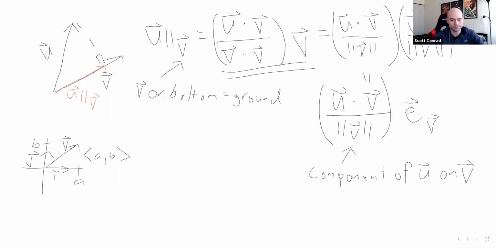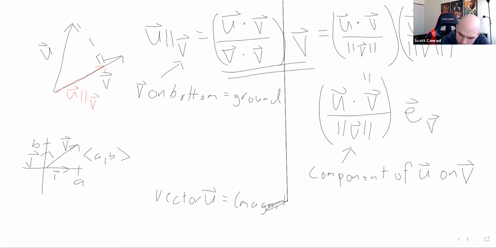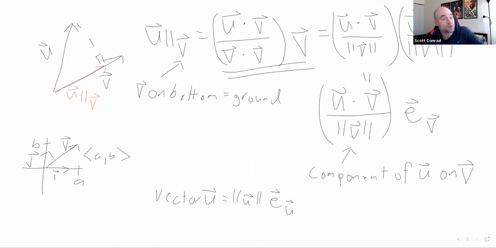Remember we said a vector, let me do U in this case, can be written as the magnitude of that vector times a unit vector pointing in the direction of U, right? The projection of U onto V is similar.